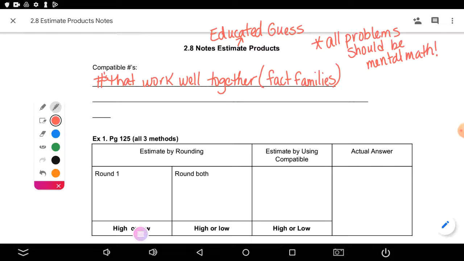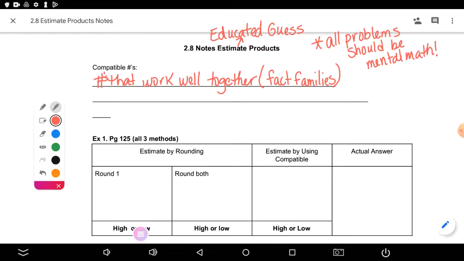So if I say 4 and 6, what's another number that is compatible with 4 and 6? 2. Okay, depending on which way we're going. What else? What's 4 times 6? 24 is compatible with that. That's going to be more important when we do division, but we can still think about it with multiplication.